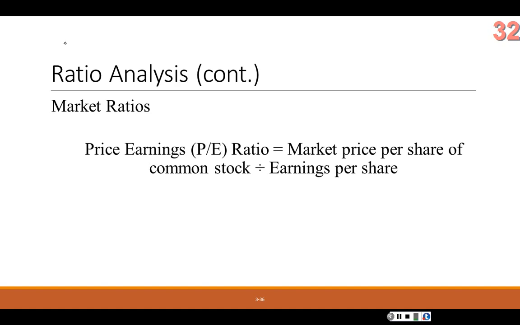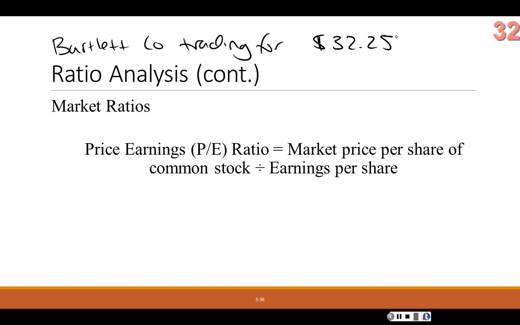So first you would need to know the market price of common stock. So Bartlett Company is trading for $32.25 at year-end 2012. So we can use this to calculate our price-earnings ratio.